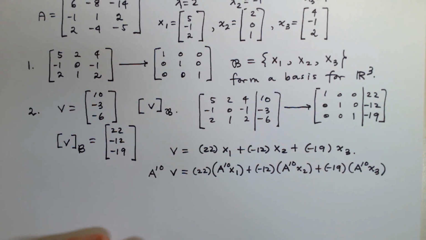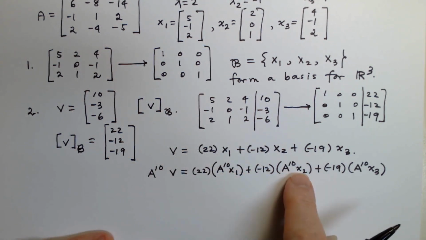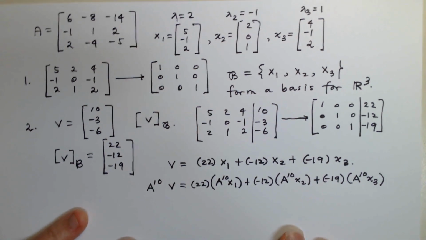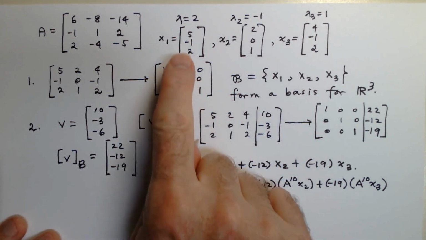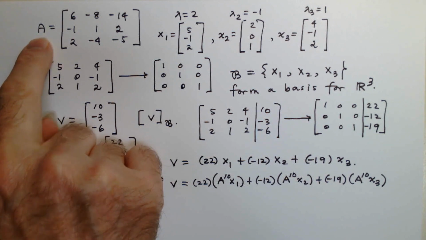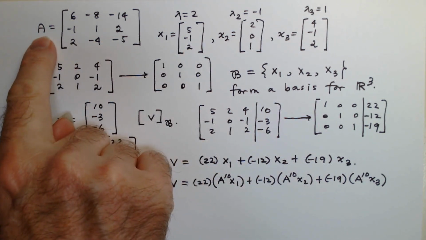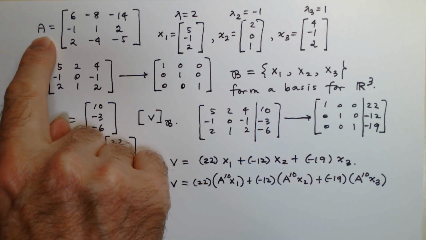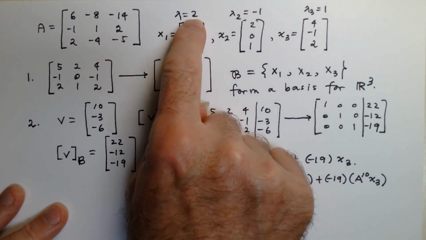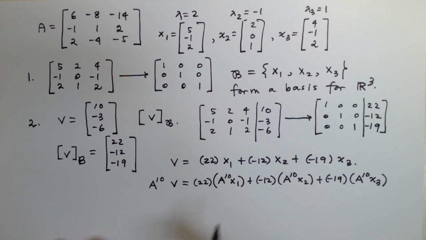And now here's the magic, right? Here's where it really pays to be working with eigenvectors. The theory tells us that x1 is an eigenvector for the matrix A, and that means x1 is also an eigenvector for the matrix A to the 10th, but now with eigenvalue 2 to the 10th. And so this is simply going to be 2 to the 10th times x1.